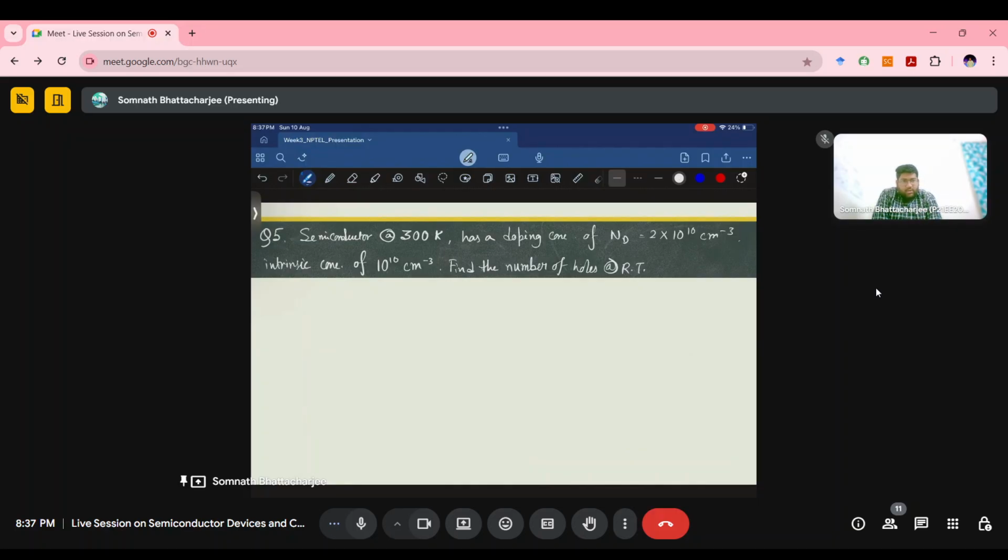Try to solve this and tell me the answer as well. There will also be a quadratic equation in this case.